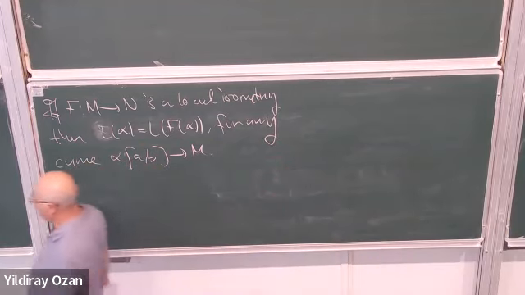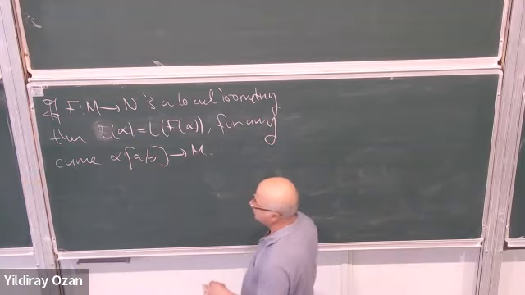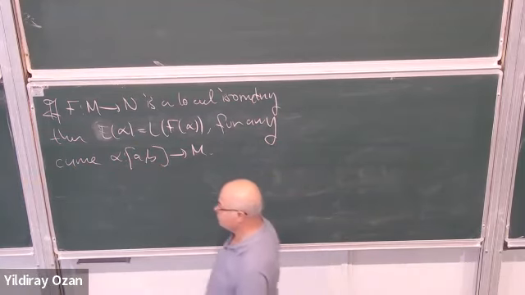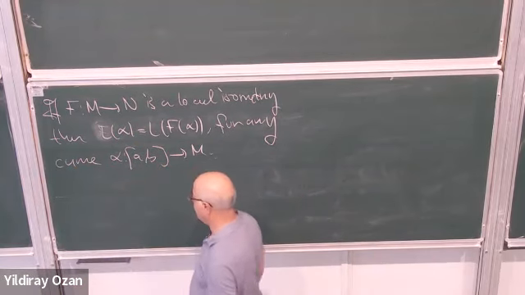Therefore, if you have an isometry between two surfaces, then the intrinsic distances on these two surfaces are the same.